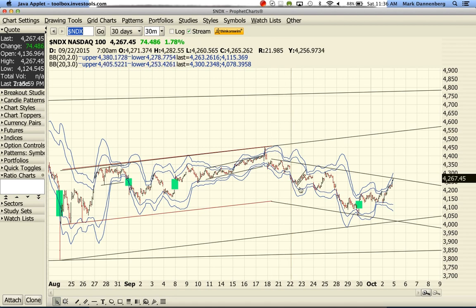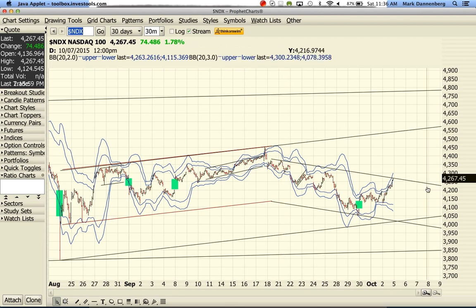Here's the other indicator. You've got support and resistance. Support and resistance is not complicated. It is identifying where your natural highs are and where your natural lows are. The natural highs occur when the price moves up to a certain level and then turns and heads back lower. That is a natural high, and that is a price point that can be used to start to identify where there is a level of resistance. In this case, on the NASDAQ 100, there was a natural high back here on the 21st of September.